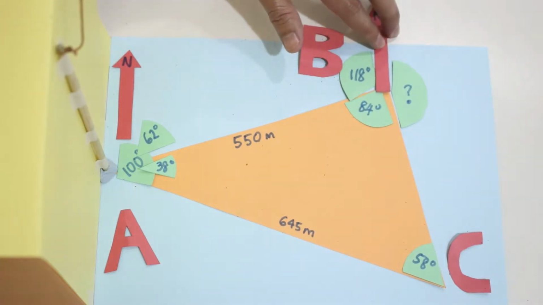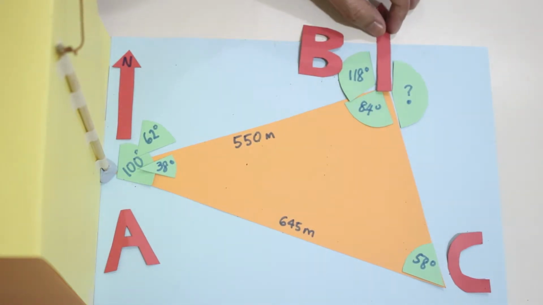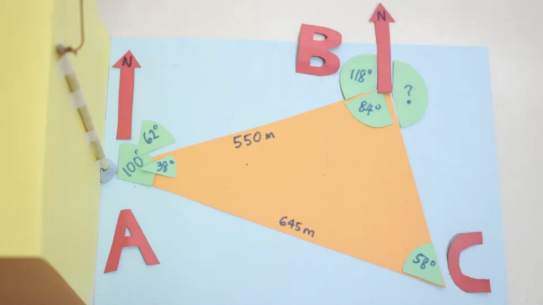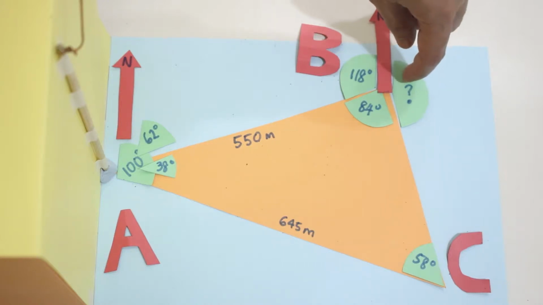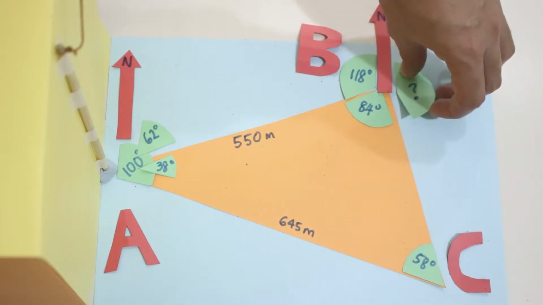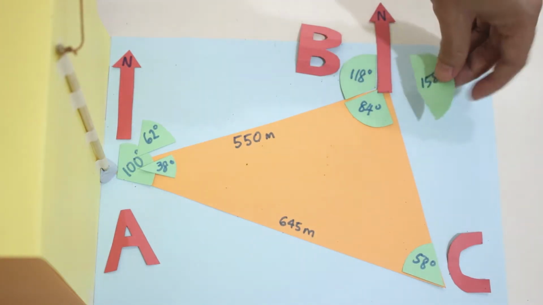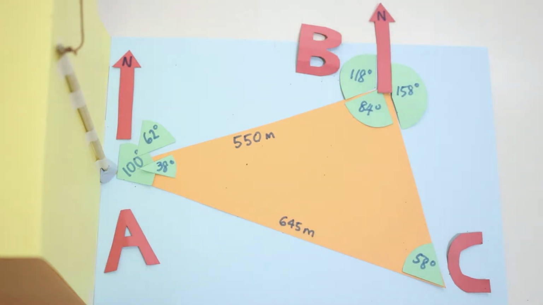See that? So with that, what is the unknown angle here, the remaining angle, which is the bearing of C from B? So 360 degrees, subtracting these two angles, you will get 158 degrees.